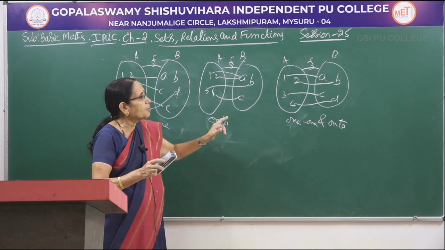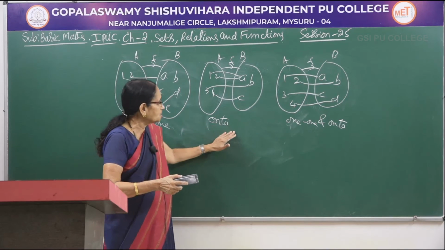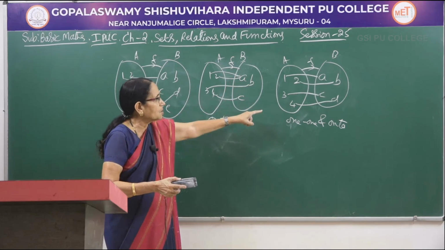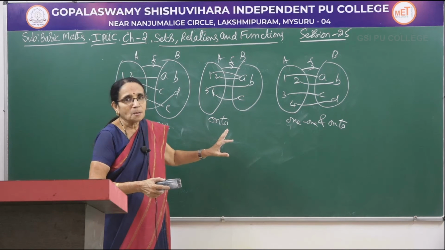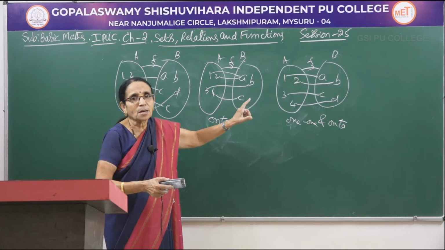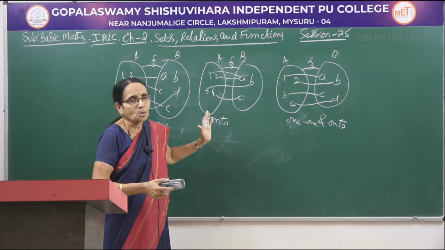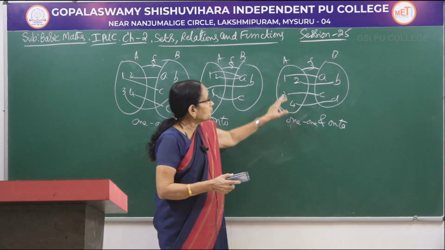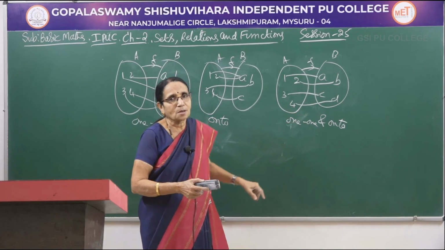But in the case of a 1, 1 and onto function, or this is injective, this is surjective, that is bijective. Here 4 elements have 4 distinct images, so that is 1, 1. And then all the elements of the set B or the codomain have pre-images. So this is onto. Combining them, what you observe here special is that there are 4 elements in the first set and 4 elements in the second set.